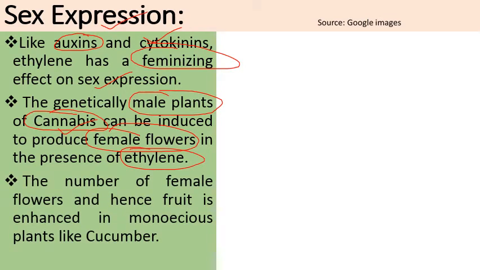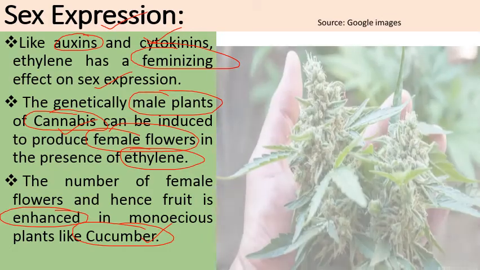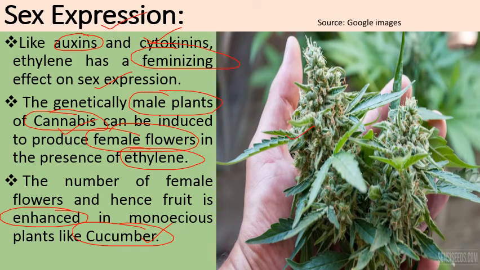So the number of female flowers and hence the fruit is enhanced in monoecious plants like cucumber. In cucumber it also helps in the formation of female flowers, which can enhance fruit production. This picture shows the inflorescence in cannabis. So this is the cannabis plant and its inflorescence.